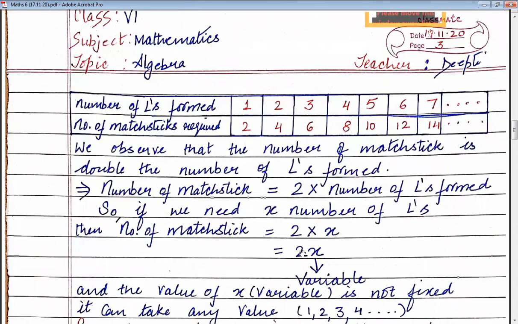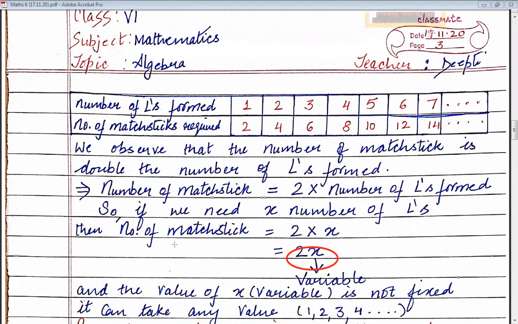or 2X. So children, you can see here that I have used a variable. It is clearly there that if anything is unknown, we can take that as X. So here we can easily find the number of matchsticks if we know the number of Ls.